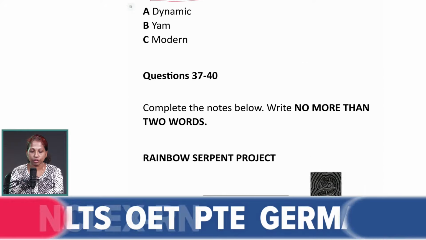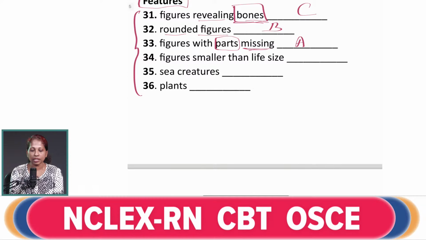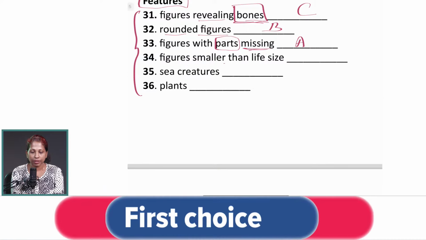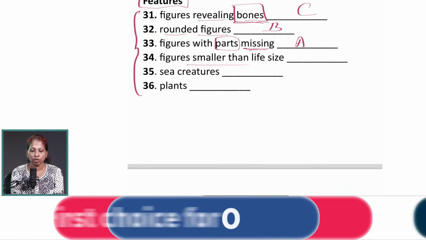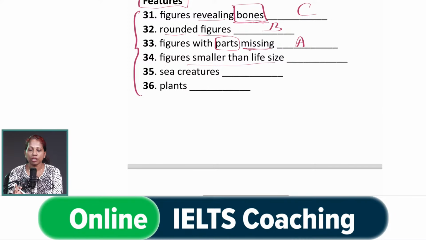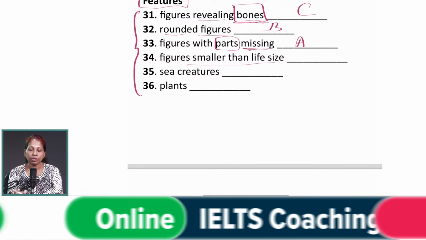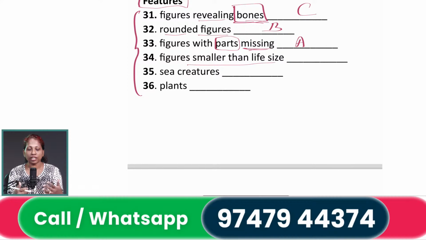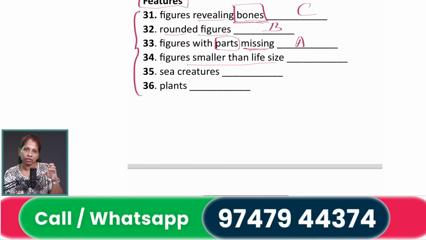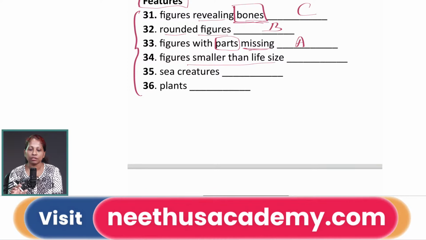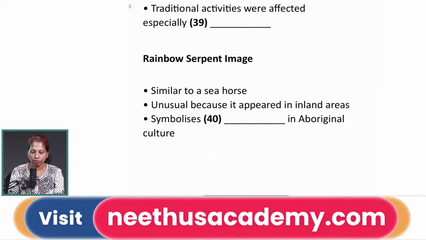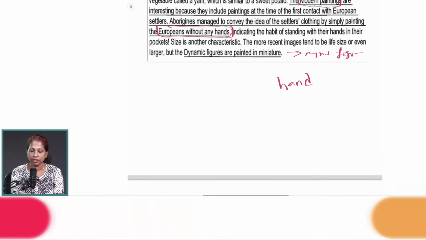Now we have got a question here which says figure smaller than life size. That means when the person is this much taller, that much fat, or whatever it is, in their figures they will maybe show as Lilliputs, like small miniatures, mini figures, right? So figure smaller than life size is a feature of which painting?